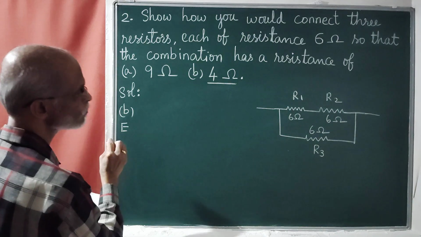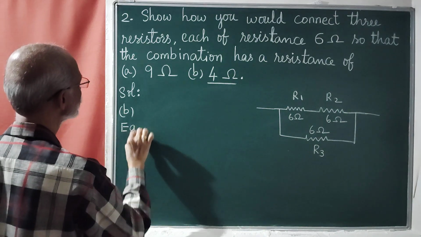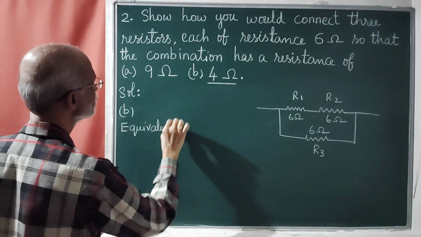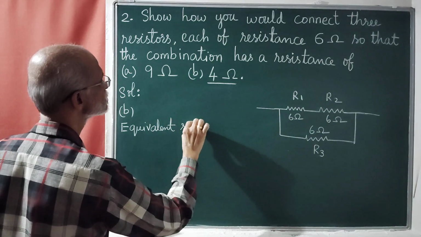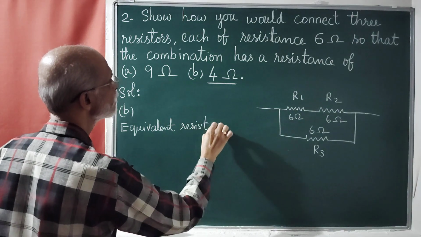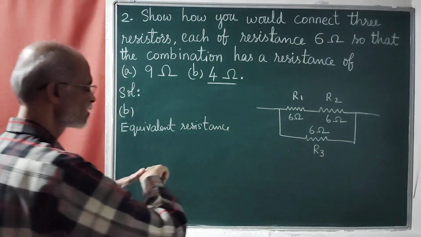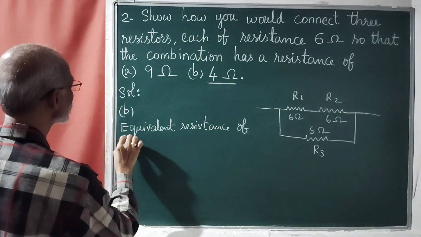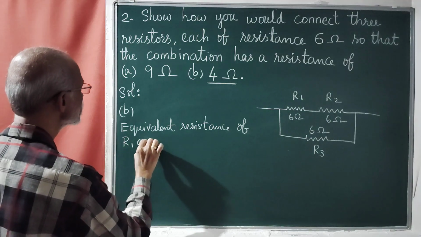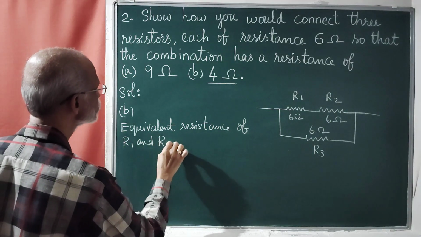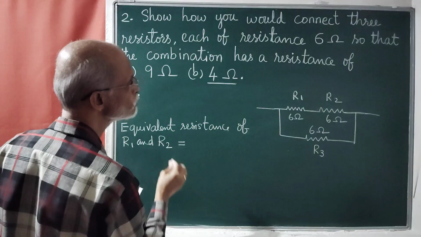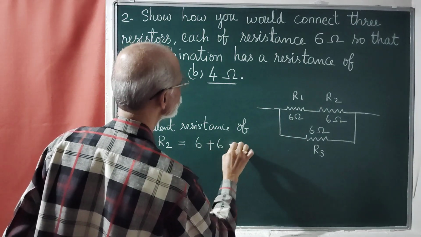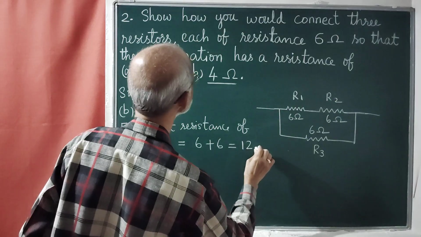Equivalent resistance of R1 and R2 is equal to 6 plus 6, that's equal to 12 ohms.